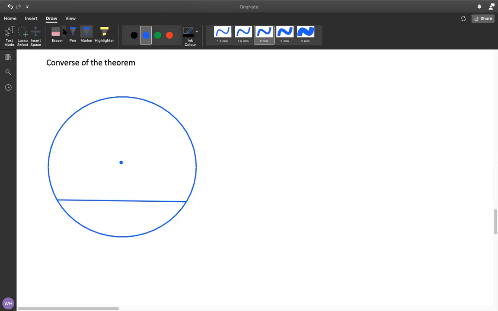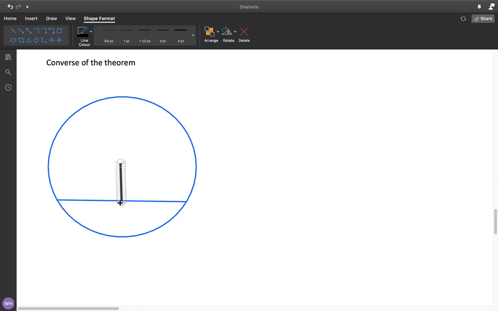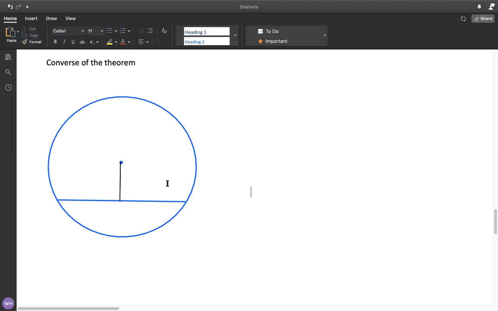All right. So, the other way around from what we learned in the previous part, that was the theorem. The theorem says that the line joining the center and the midpoint of the chord will be perpendicular to the chord.